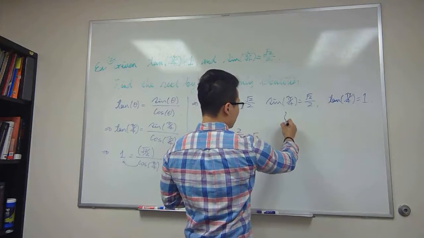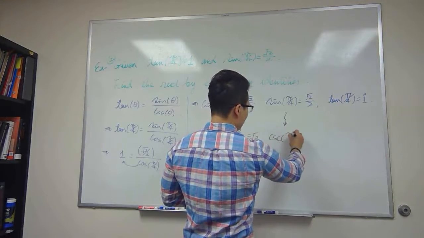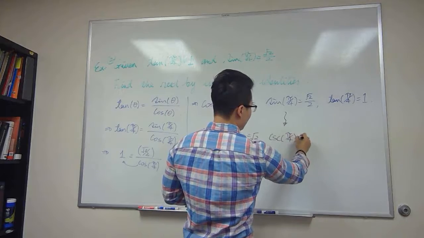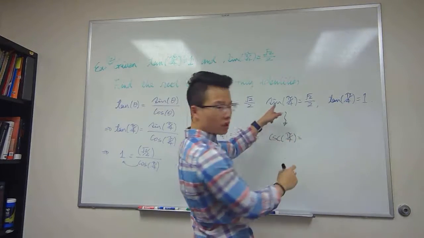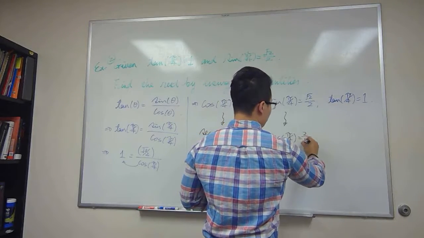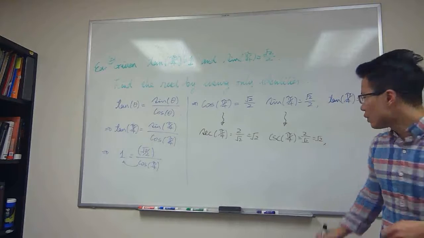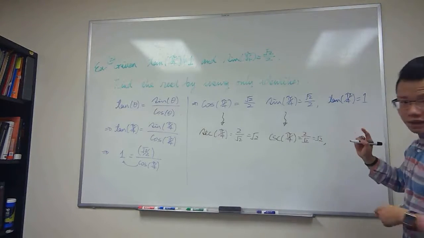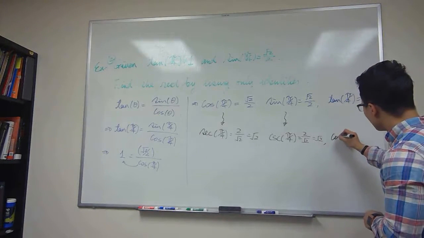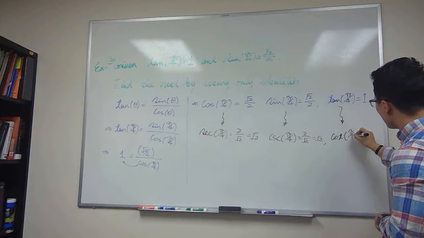Same thing, from here we can get the cosecant of pi over 4. That equals the reciprocal of the sine, also the same thing, 2 over root 2, which equals root 2. So we got that one taken care of too. And then lastly, we can get the cotangent of pi over 4.